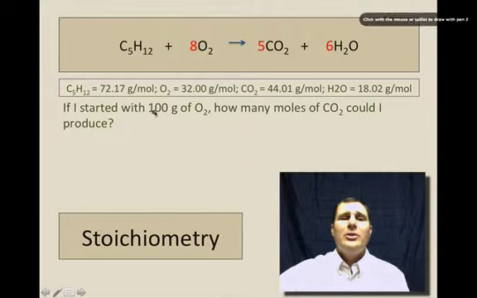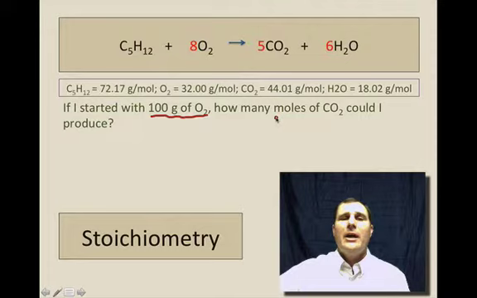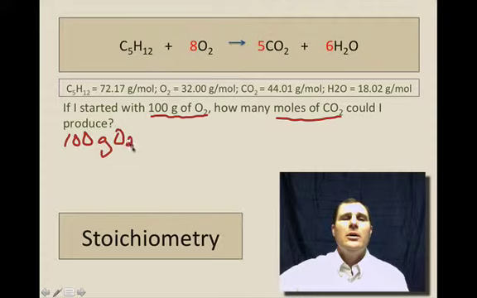This time, I'm going to start out with 100 grams of oxygen. And I want to get that to moles of CO2. Well, that's perfect. Always start by writing down what you're given. And I'm given 100 grams of oxygen. Good.